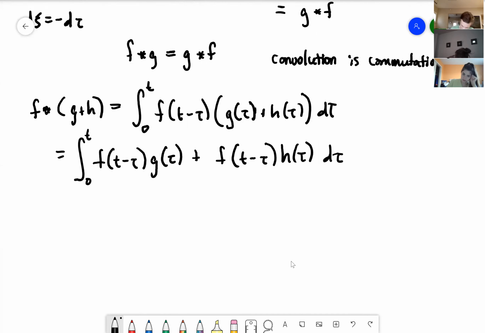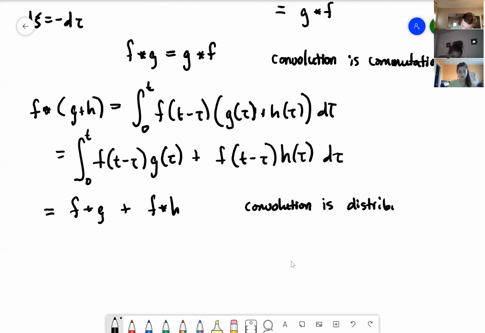And of course, this splits up as two integrals, which you know what those integrals will be, so I'm going to skip the last step. This is f star g plus f star h. So convolution is distributive.